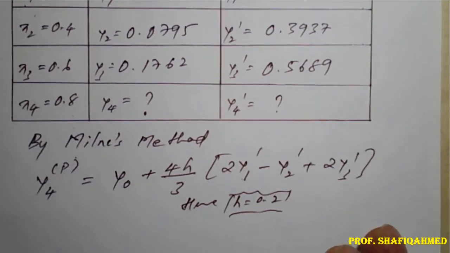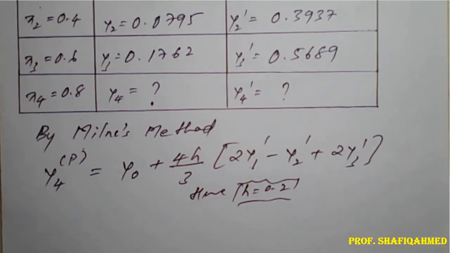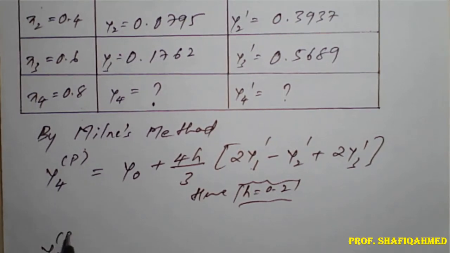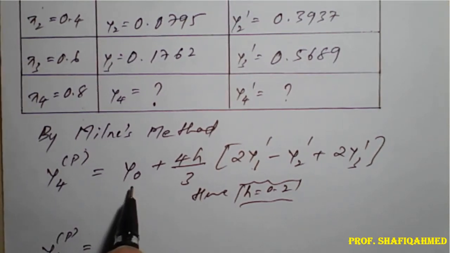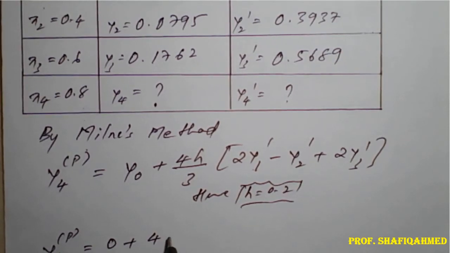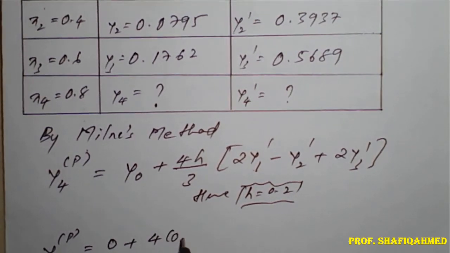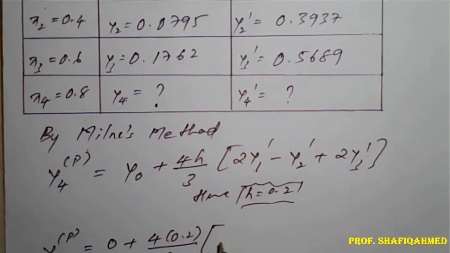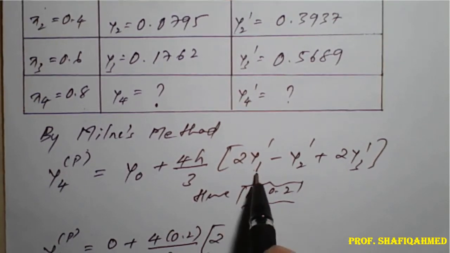So with the help of this we'll predict the value. The prediction of y4 of p will be y0 value from the table, which is 0, plus 4 times h, which is 0.2, divided by 3, into bracket 2 times y1 dash.